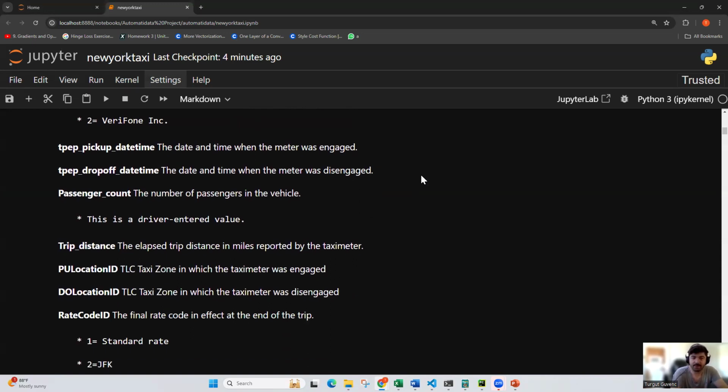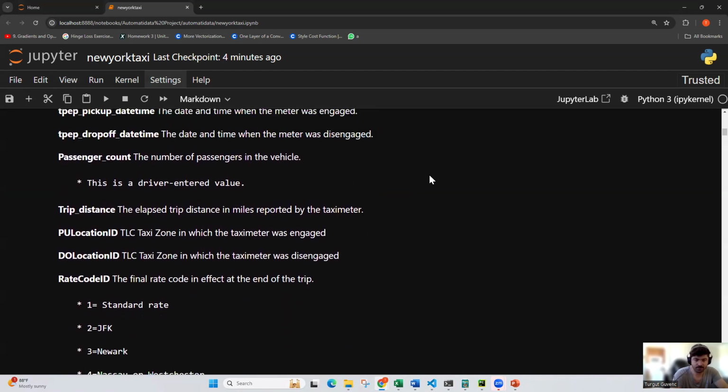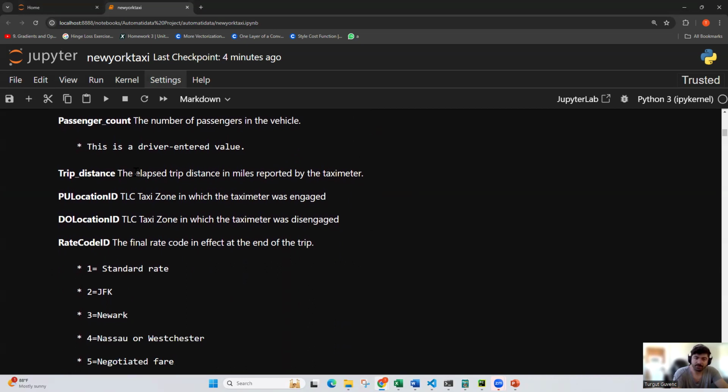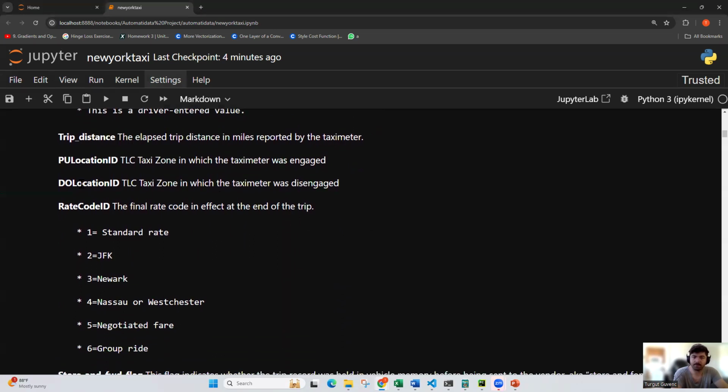We have datetime values, pickup datetime and drop-off datetime, which we can always use, which is great. Passenger count contains how many passengers each ride has, and trip distance is in miles. And of course, we have pickup location ID and drop-off location ID.